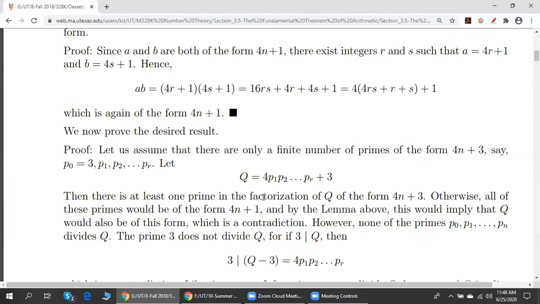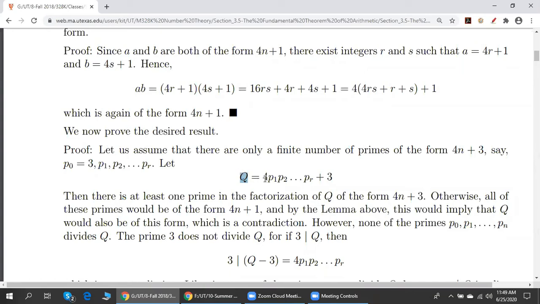Note that any factor of Q cannot be of the form 4n or 4n plus 2 because both 4n and 4n plus 2 are even numbers.